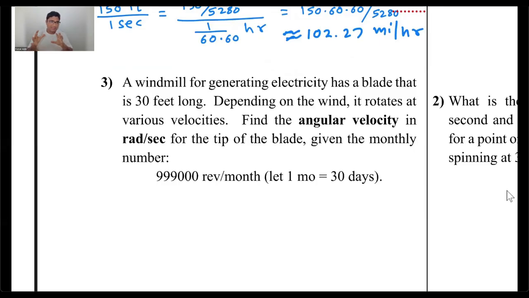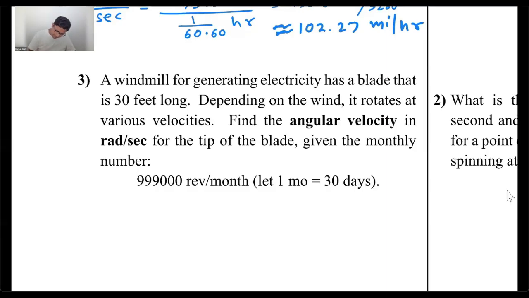If you are going to analyze at what speed the windmill is spinning, it's going to vary depending on the wind and day and night. So instead, you take an average over a month. Suppose they counted for a month and they found that it makes 999,000 revolutions in a month. Now convert that to radians per second.